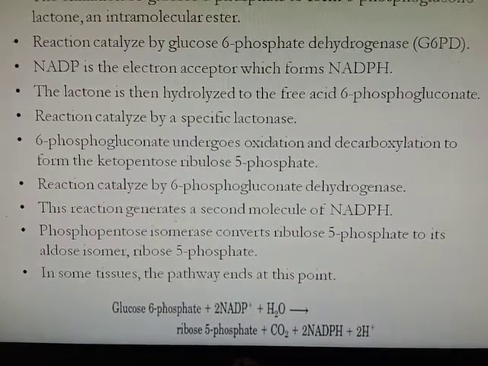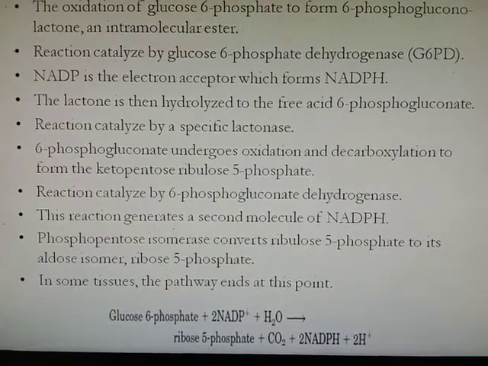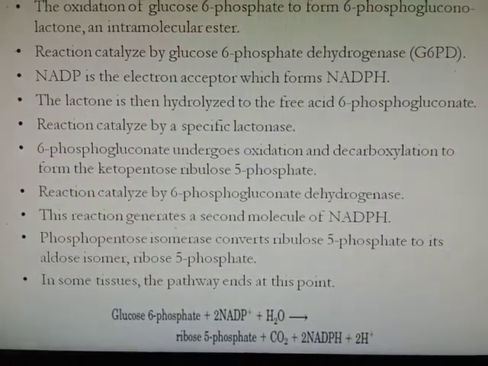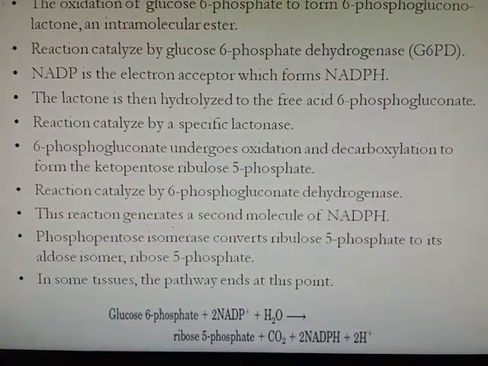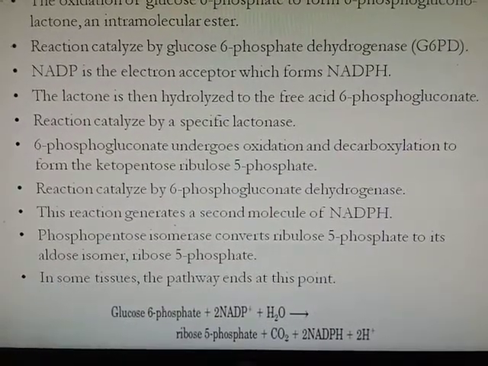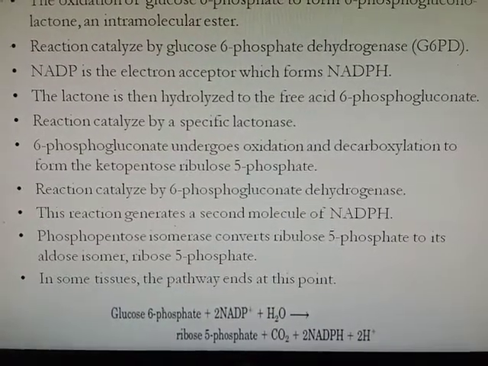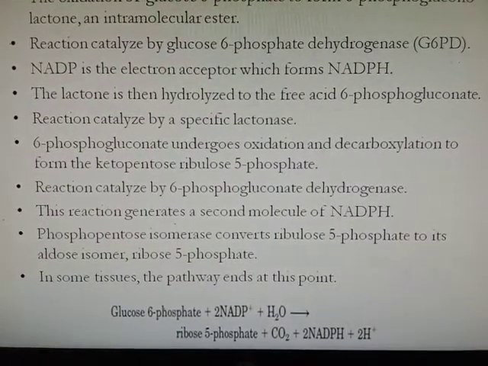Then this 6-phosphogluconate undergoes oxidation and decarboxylation to form the ketopentose called ribulose 5-phosphate. From 6-phosphogluconate, it forms ribulose 5-phosphate, and this reaction is catalyzed by 6-phosphogluconate dehydrogenase.